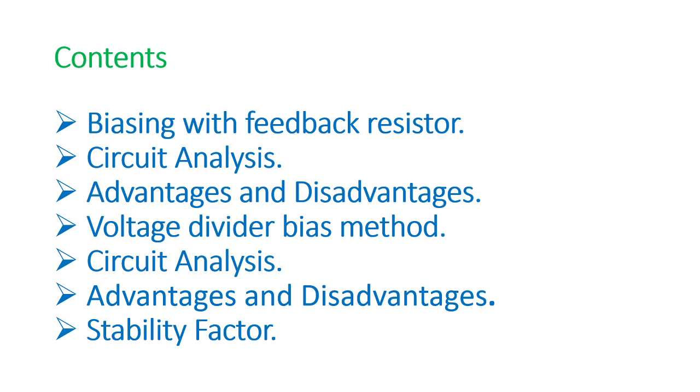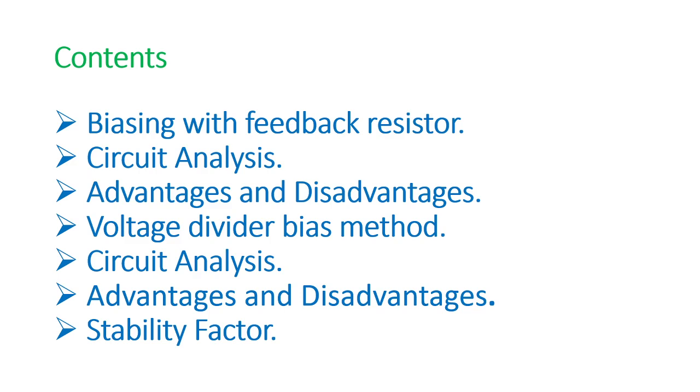And also we know stabilization. The zero signal values of IC and VCE are known as the operating point. The process of making the operating point independent of temperature or variation in transistor parameters is known as stabilization.